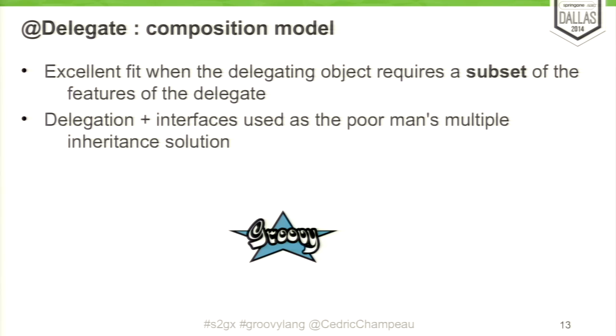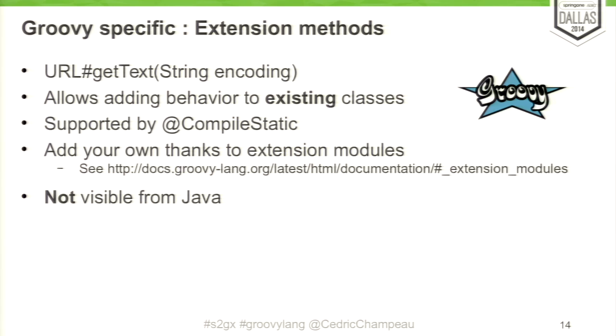Okay. So I can try to do some kind of multiple inheritance with delegation, but it's really not what I want to do. And in Groovy, there is something that looks like what I want to do, but it's not yet that. So it's extension methods.